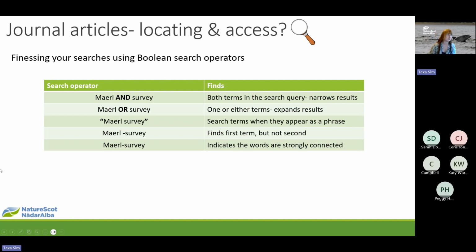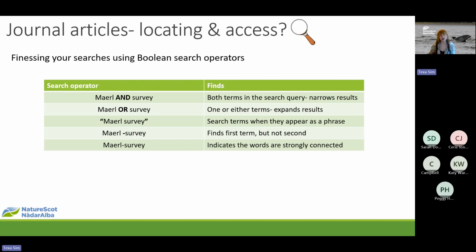What I've got as a couple of examples here is if you put Merle and survey in the search term, you can find both of those, and it narrows your results to only producing works which include those two phrases. Merle or survey would allow you to find any studies that had Merle or survey, but maybe not necessarily both.